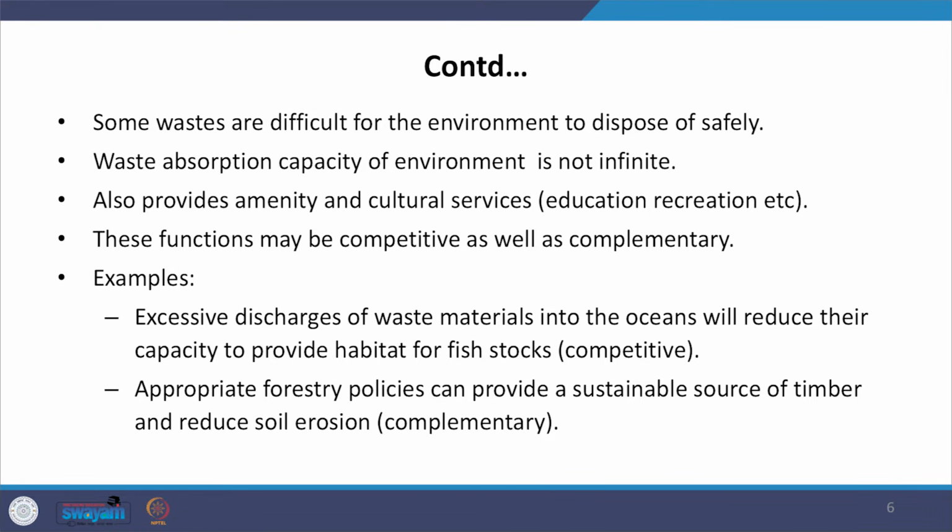So, the function is competitive. Similarly, we can also take the complementary functions of the environment, like appropriate forestry policies that can provide a sustainable source of timber and reduce soil erosion. So, that kind of function is a complementary function.